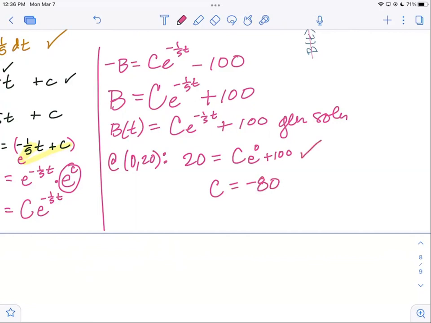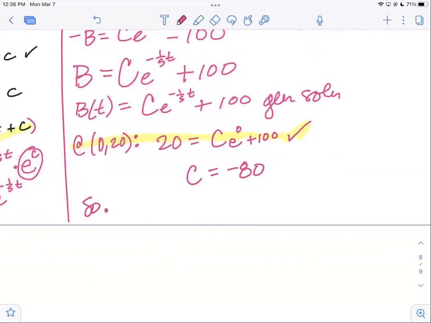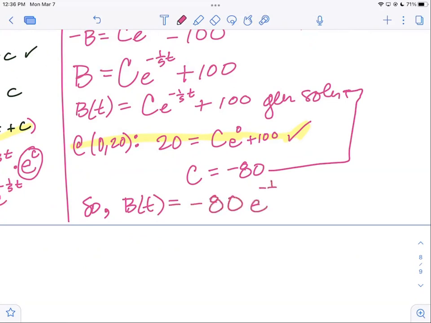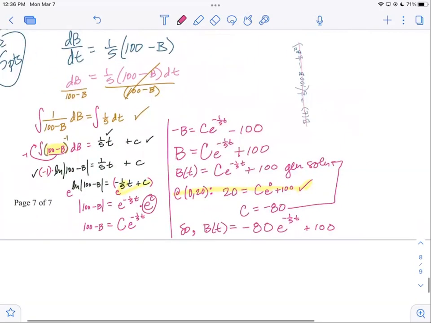You're going to get a check right up here for simply using C. Like if you have the wrong equation, but you use C by plugging it in, you're going to get the check more than likely. And now you plug this back into the general solution. So B of T, in this case, the baby bird's weight, is going to be -80 e to the -1/5 t plus 100 on the ground floor. And you don't even have to box it, it's your bottom line.